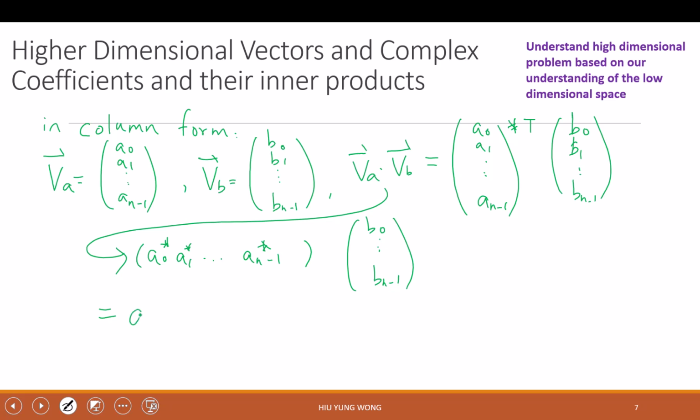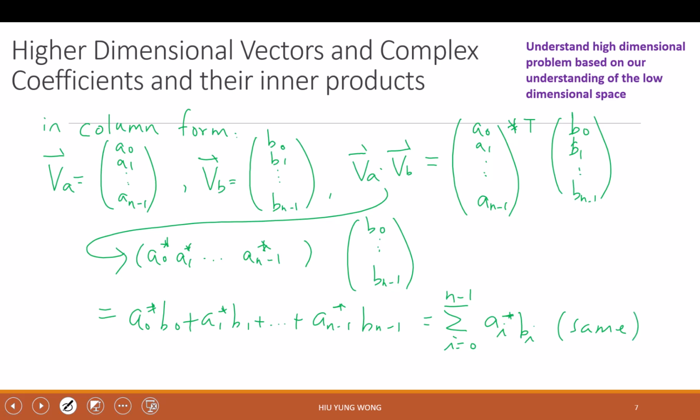So this is just A0 star B0 plus A1 star B1 plus all the way to AN minus 1 star Bn minus 1, which is just what we said earlier: the sum from i equals 0 to n minus 1 of AI star times BI, the same as before.